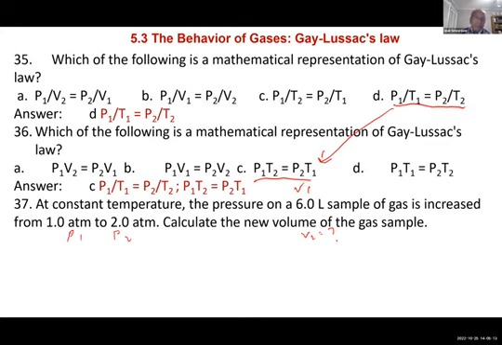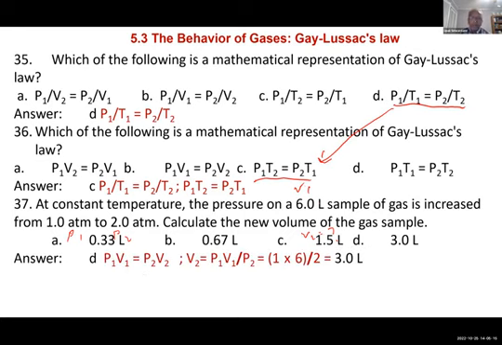P1, V1. So you plug in the values from this. P1 is 1. V1 is 6 here, divided by P2.